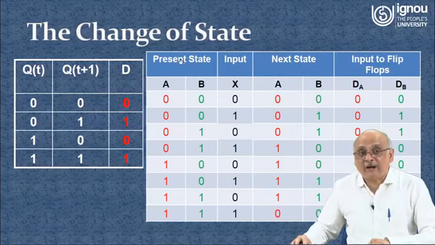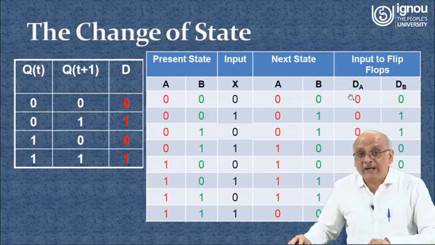This is only used for design purposes, right? But what is required for us is the present state and the input value, and these three values are going to determine dA and dB. The required dA and dB will bring the change to the next state, right?